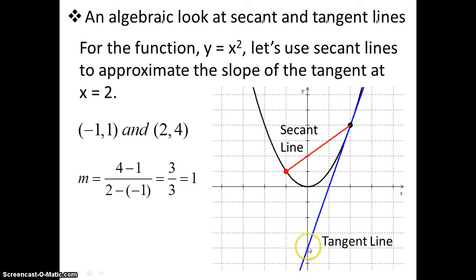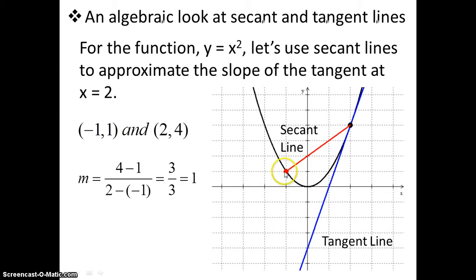And again, if I take just a rise over run kind of look at the tangent line, up 1, 2, 3, 4 over 1, the slope of my tangent line visually looks to be 4. The algebraic slope we got from the secant line is not 4.